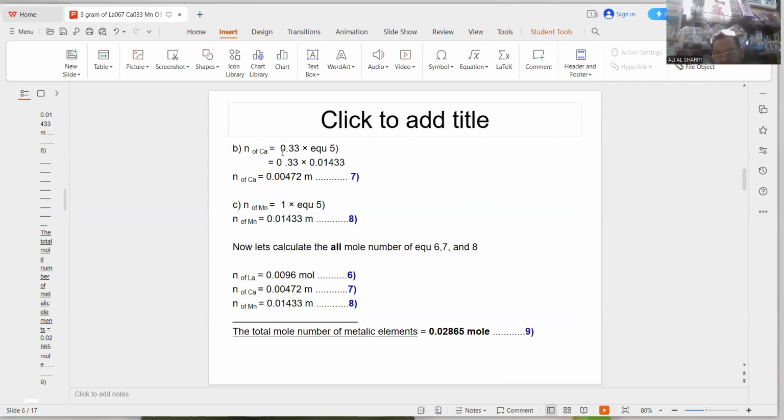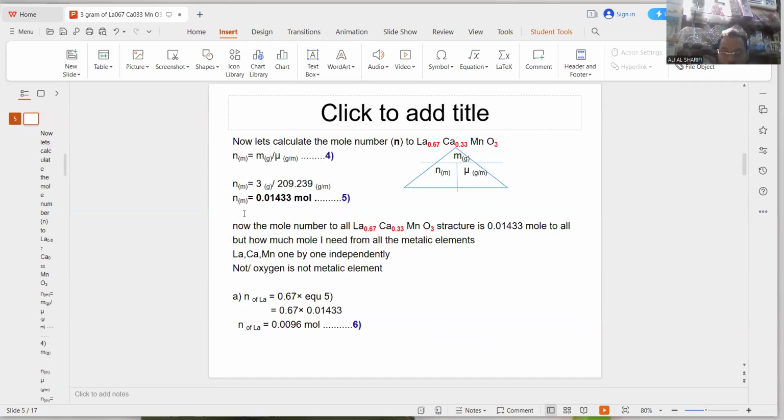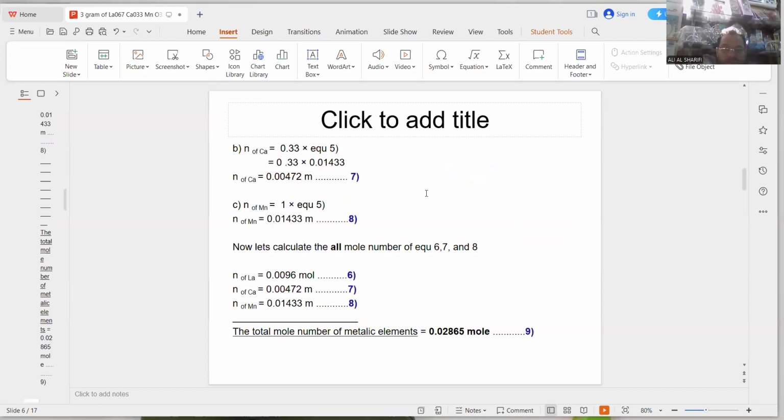The molar ratio was 0.33 multiplied by equation 5. Equation 5 was the mole number of the whole structure. We found it by calculating the mass divided by molecular weight. The mole number of calcium equals 0.00472 mole. The last metallic element is manganese. We have 1 mole, multiplied by equation 5, to be 0.01433 mole.